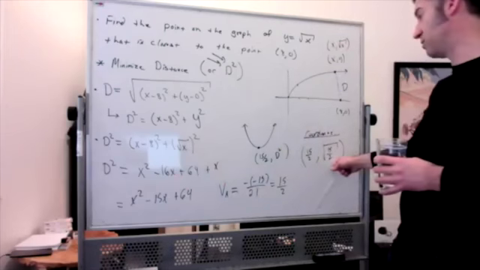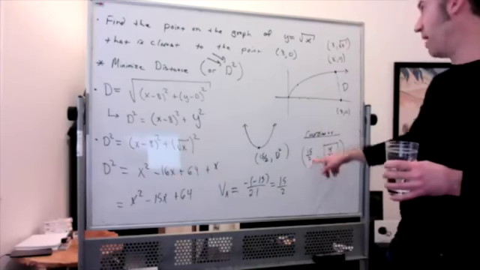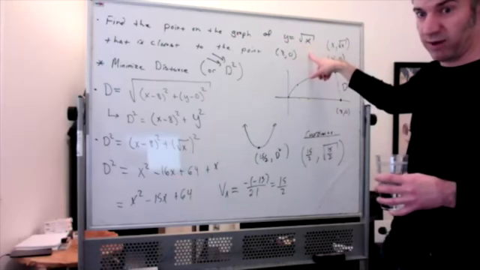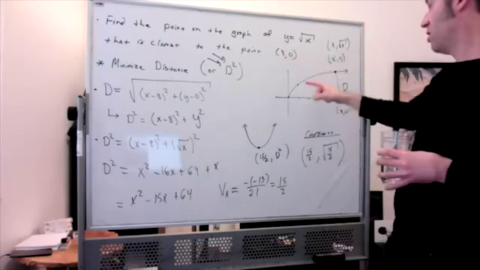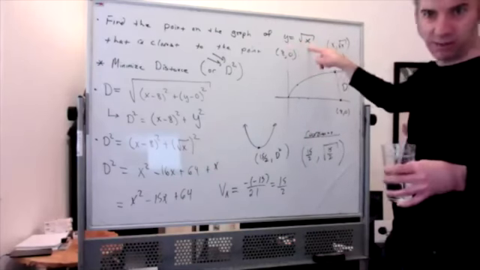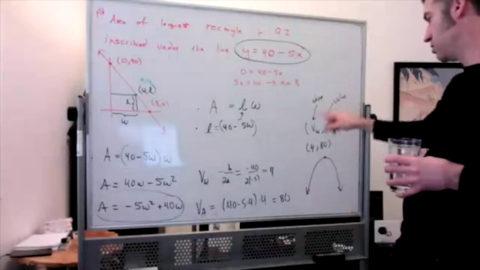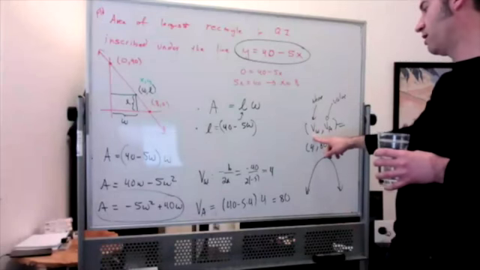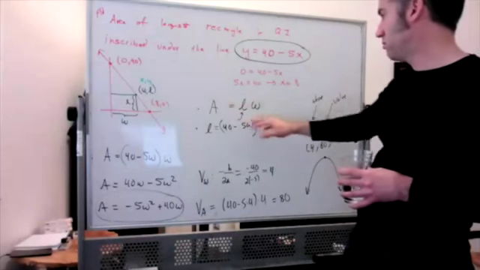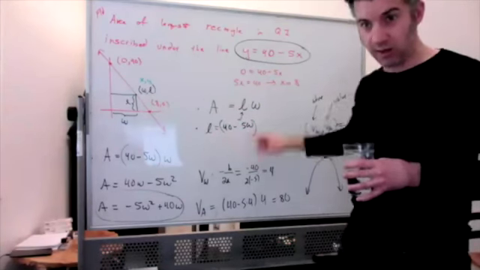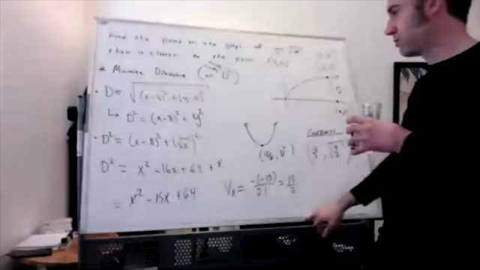Finding the second thing is typically just plugging that thing you found back into the place that says the thing you want equal to a function of the thing you just found. Right here, we found x, and then we just said, oh, y is the square root of x. In the previous one, we found w was 4, and then we just said, oh, length is 40 minus 5 times w. So plug in the 4 there, you get the length.